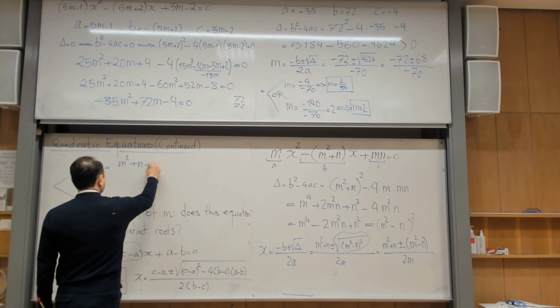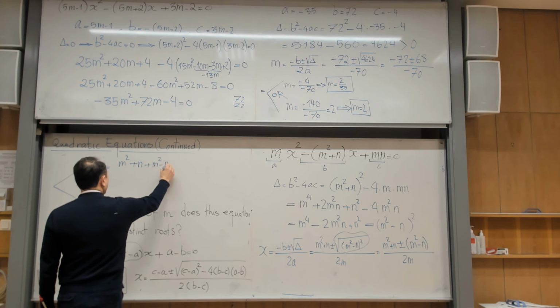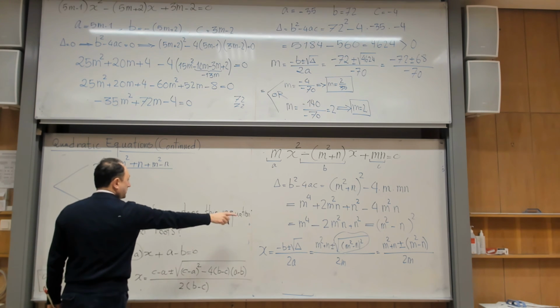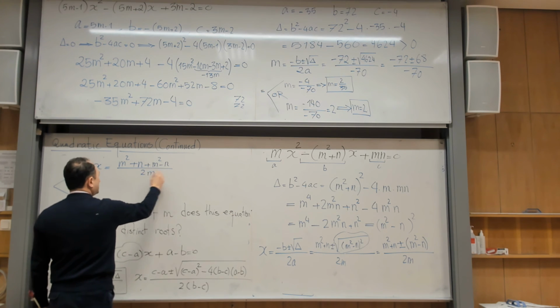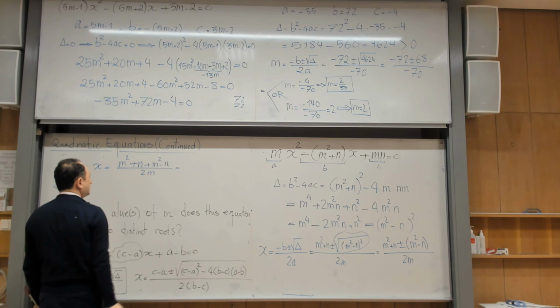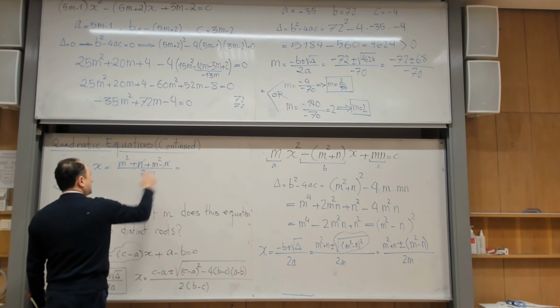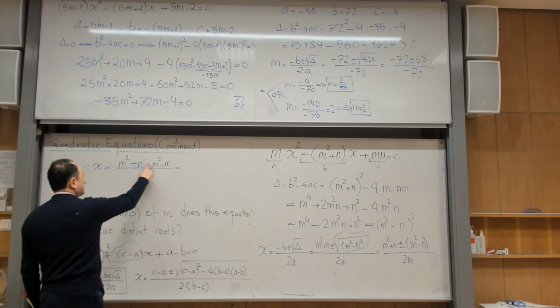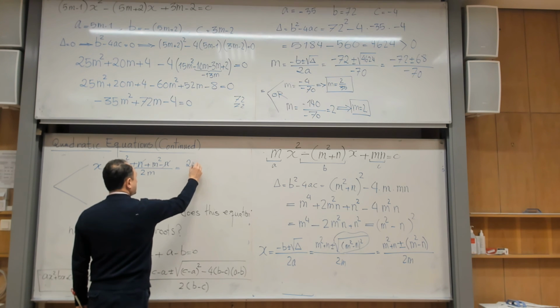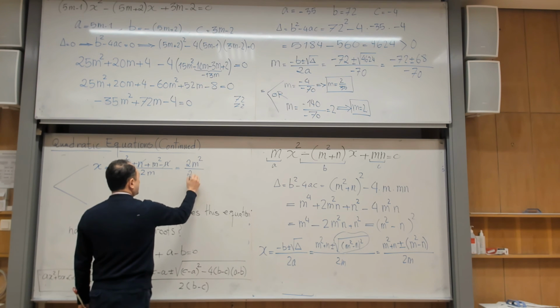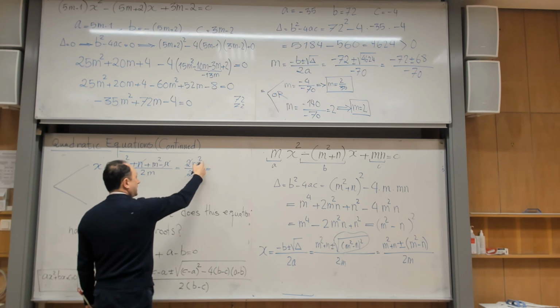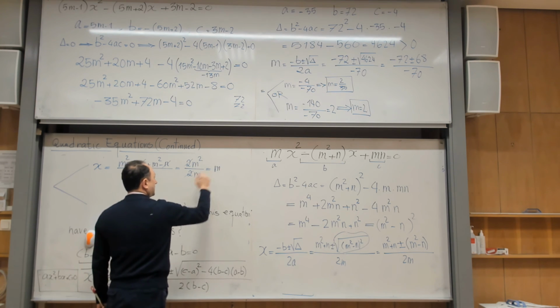It becomes plus m squared minus n totally divided by 2m. Can I continue this even further? Of course, yes. n and minus n are cancelled. m squared plus m squared is 2m squared divided by 2m. Can I go further? Yes. 2 and 2 are cancelled. m squared divided by m is m.